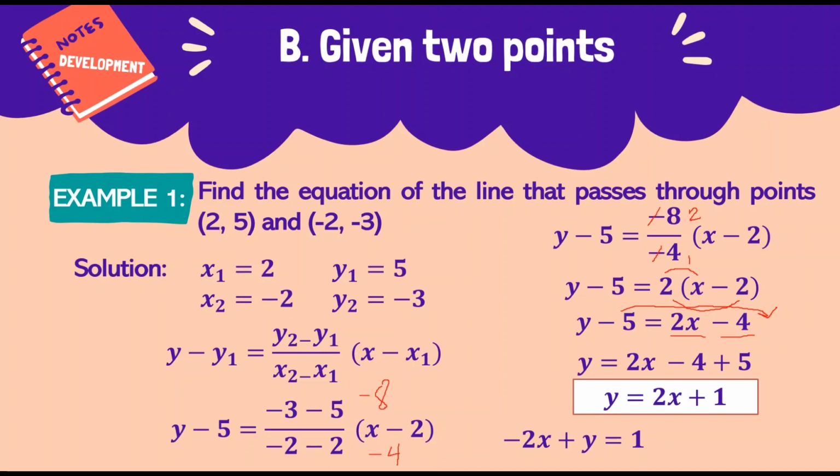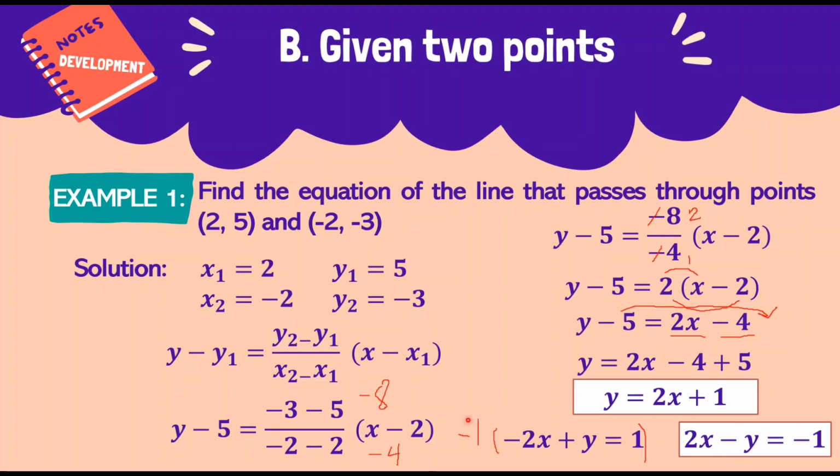So, since negative na naman ang ating first term, we need to multiply both sides of the equation by negative 1. So, let us multiply. Negative 1 times negative 2x, we have positive 2x. Ito na yon. And then negative 1 times positive y, we have negative y.